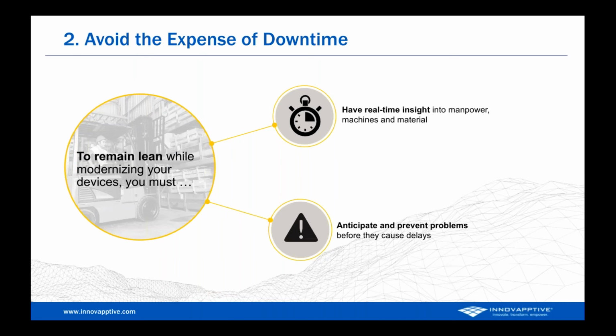Many warehouses now are operating on a lean basis, and in order to do that, you need to have people, machinery, and processes all working together in harmony. And the modern device will give you that in terms of promoting real-time insights into where you are operationally.